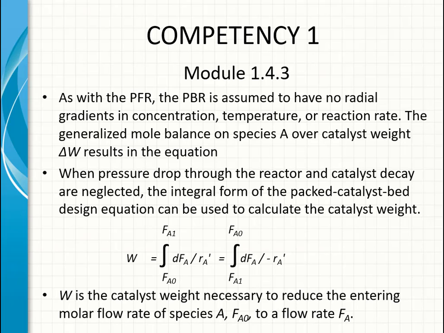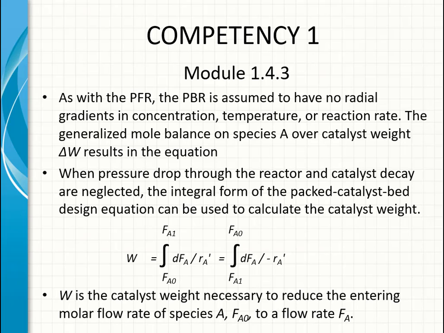When pressure drop throughout the reactor and catalyst decay are neglected, the integral form of the packed catalyst bed design equation can be used to calculate the catalyst weight. So we will have that W is equal to the integral from FA0 to FA1 of dFA divided by RA prime, and we change the limits from FA1 to FA0 to introduce the minus sign in the rate.